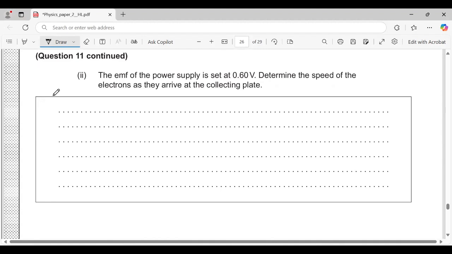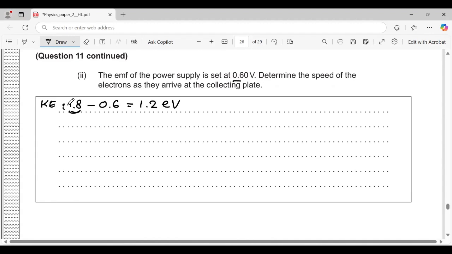I would like to start from the kinetic energy of electrons at the collecting plate, which is 1.8 minus 0.6. 1.8, this number from part B, the statement on part B, 1.8 electron volts minus 0.6. So it becomes 1.2 electron volts.